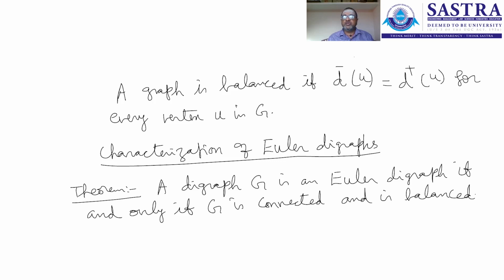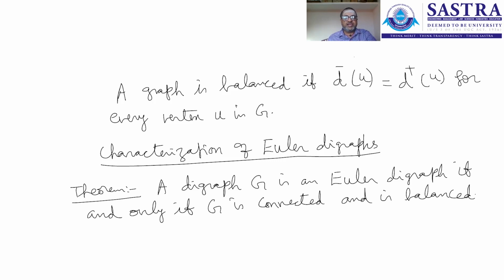A vertex is said to be balanced if in degree is equal to out degree. And the graph is said to be balanced if in degree is equal to out degree for every vertex u in graph G. So, when you take a balanced digraph, then that graph will necessarily be an Eulerian digraph.